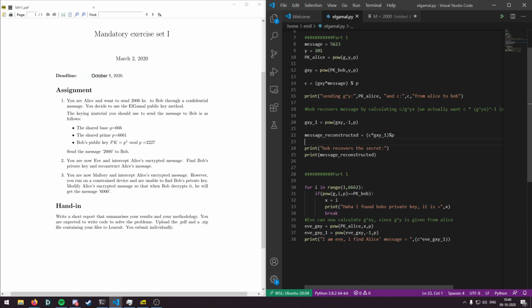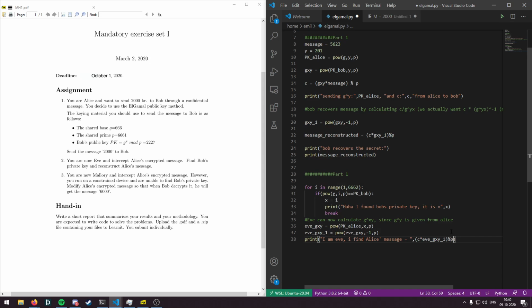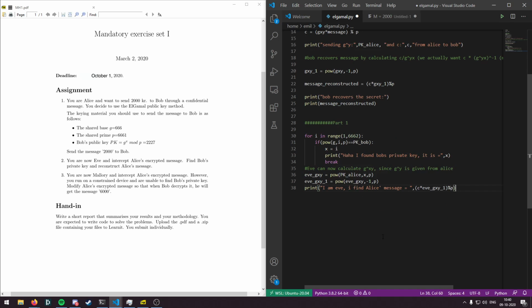So now we can, oh, and of course this needs to be modulo p. So this is Eve finding the message. Let's see if we can, and this needs to be part 2. Let's run this.